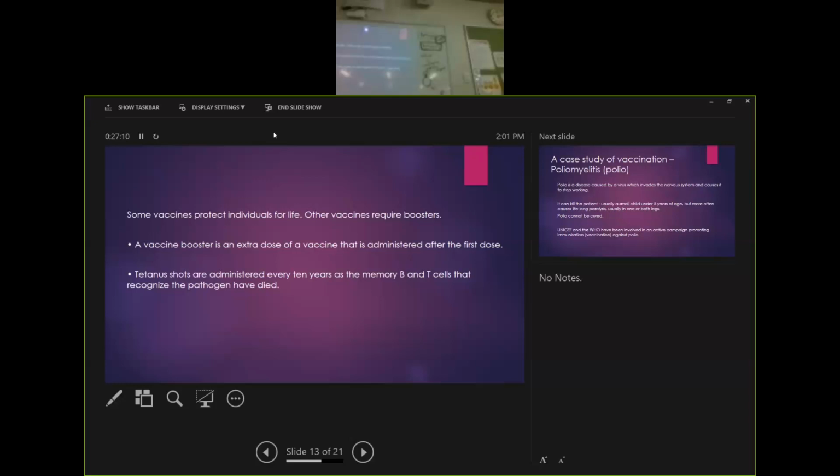So we have to keep getting boosters about every 10 years. Especially when you're younger, you need multiple vaccines of the same one, two or three booster shots, to become fully immune to a specific pathogen.